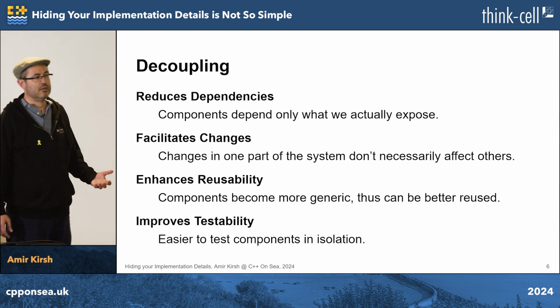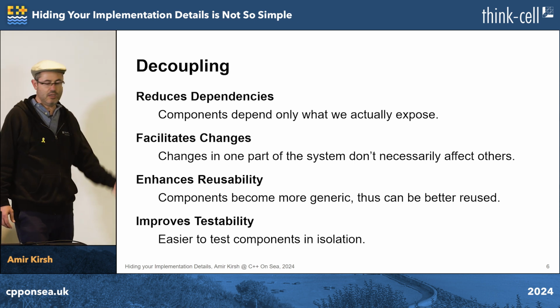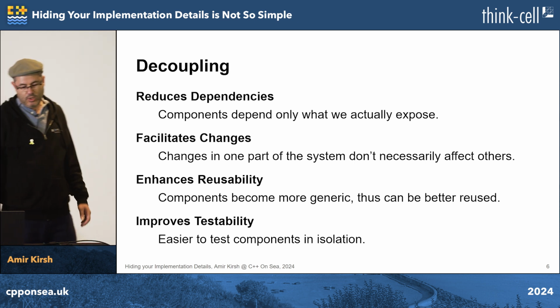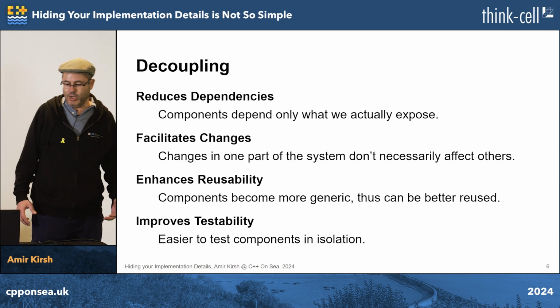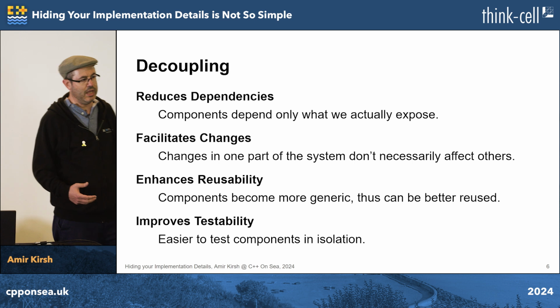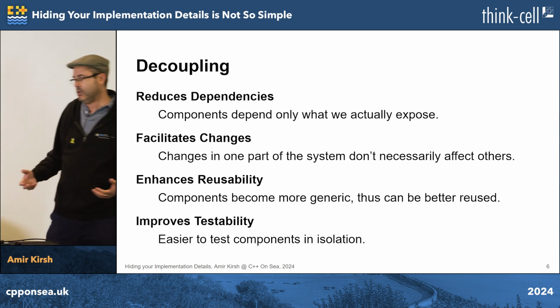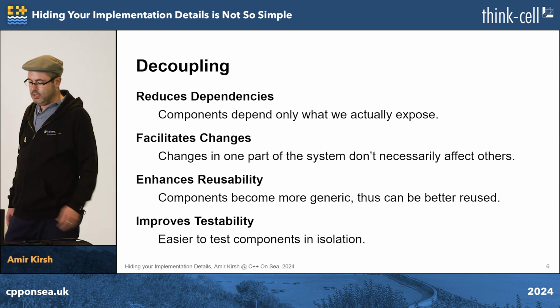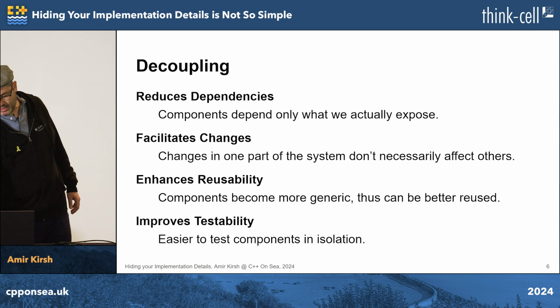You can be used without knowing or using the other type. And it improves testability because you do not need to know about things which are private to your class, and thus you can test components in isolation.